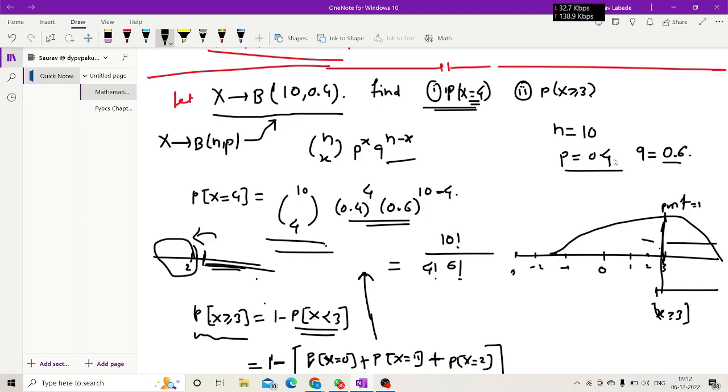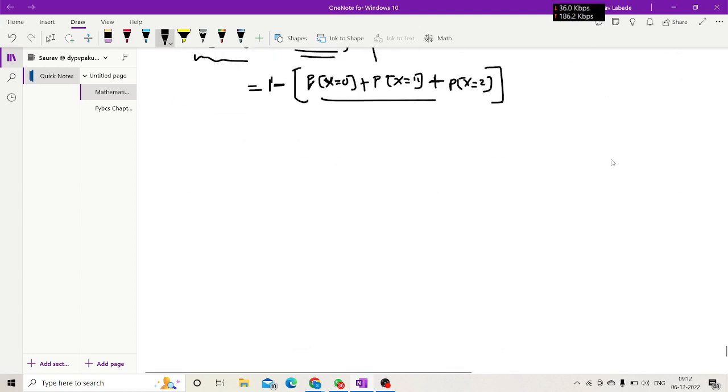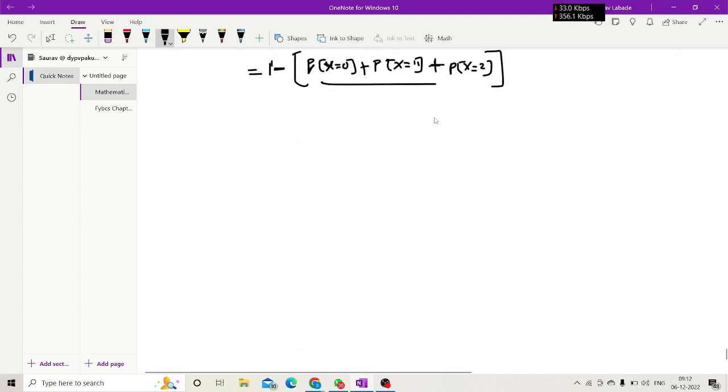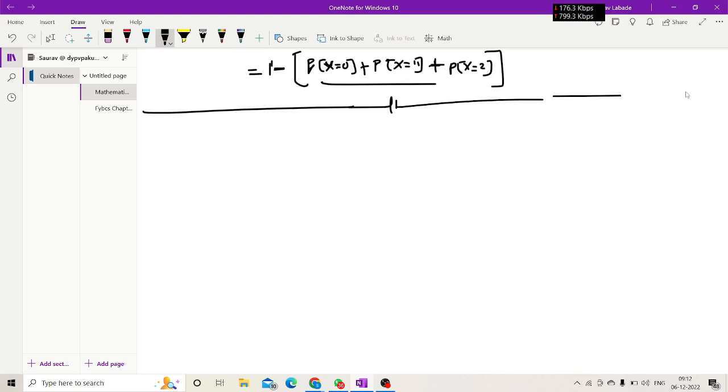Now here we have to see the recurrence relation for the binomial probabilities.